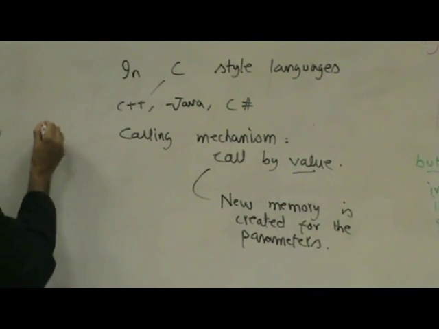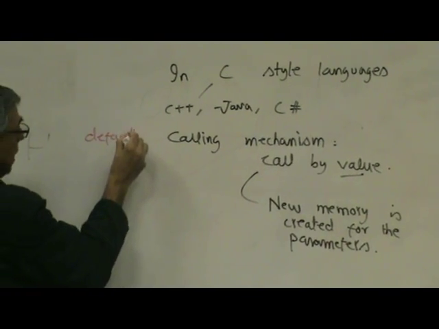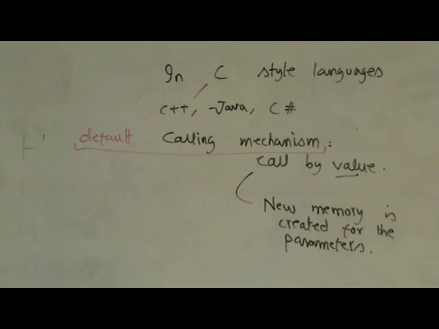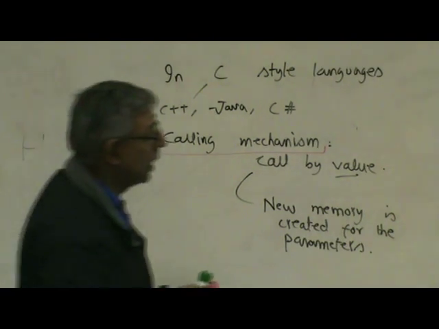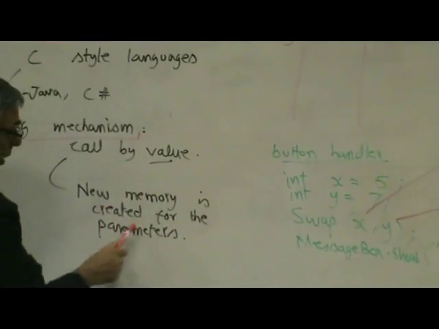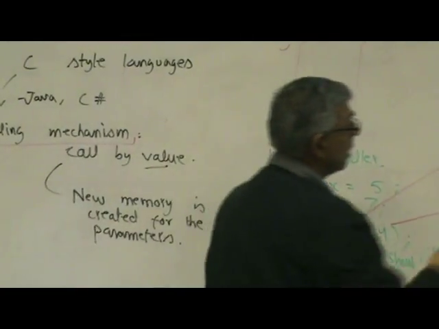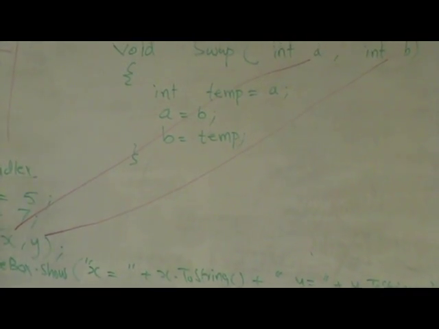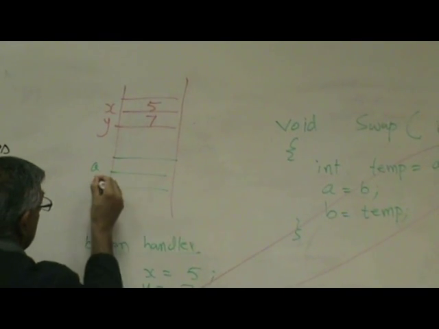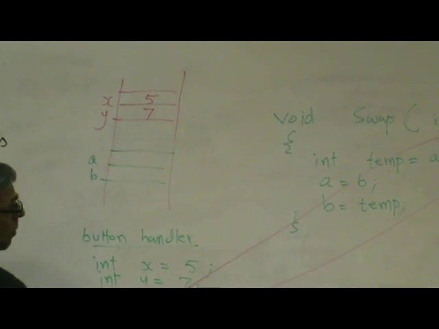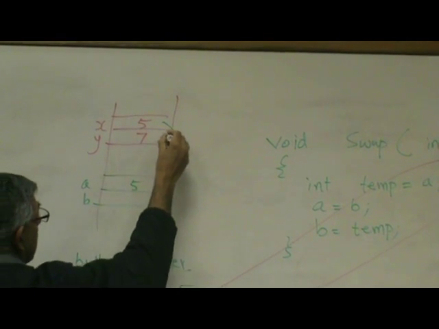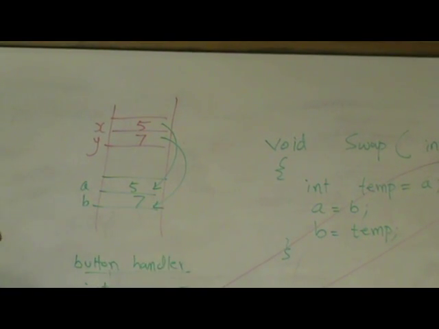We can change it, but if we don't do anything special, it will do call by value. New memory is created for the parameters, A and B in this case. The computer allocates new memory for A and B, and because X corresponds to A, we copy the data into A. Y corresponds to B, so we copy the data into B.